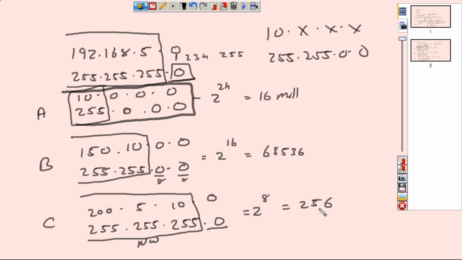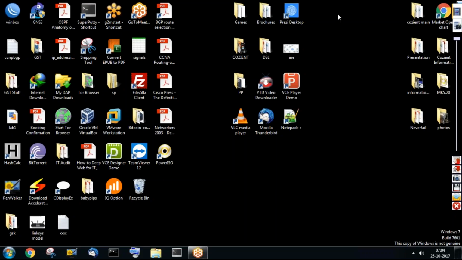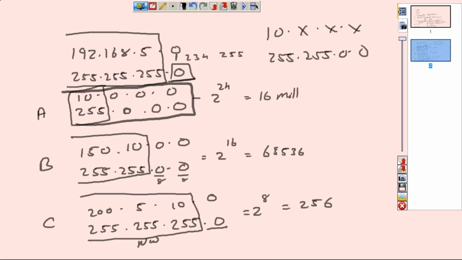So we really are running out of IP addresses, right? So now we come to the problem here. This is what we call classful IP addressing. You understand what I'm saying about classes, right?